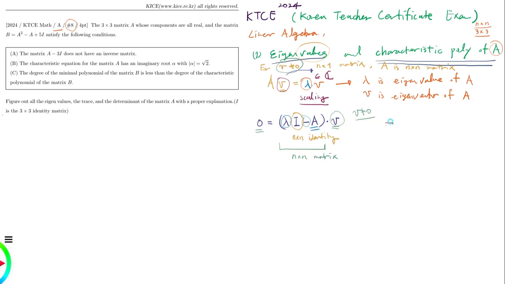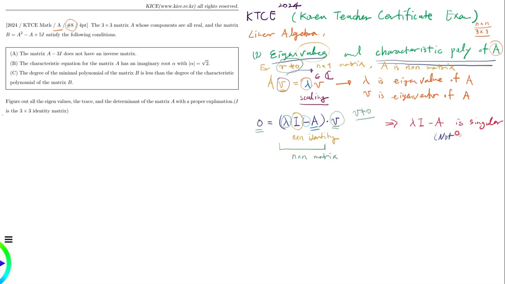That means this n by n matrix lambda times I minus A is a singular matrix, that means it is not invertible.